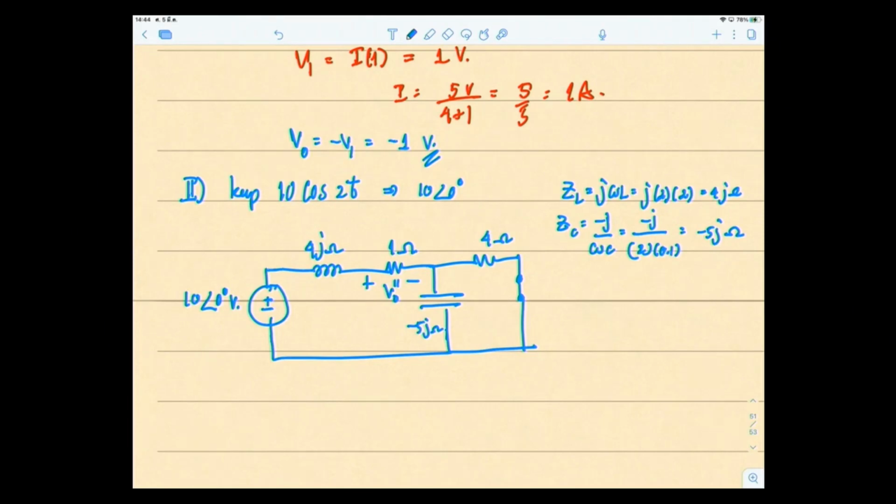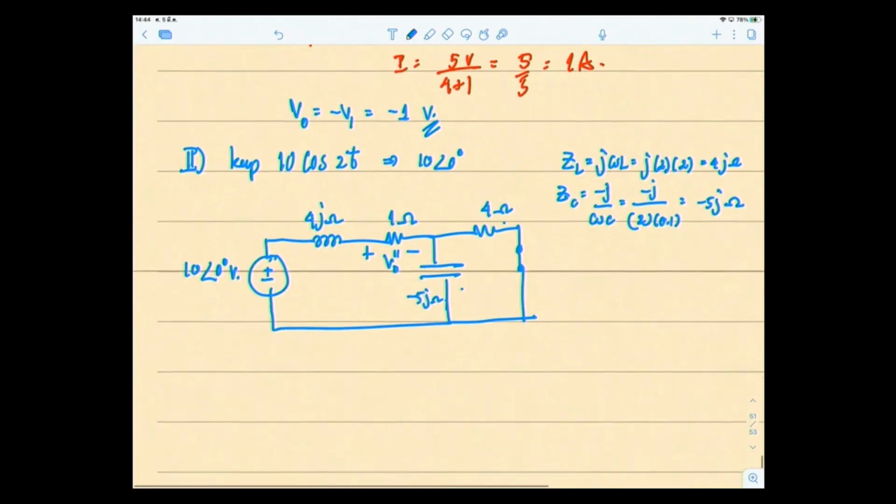So let's see, how would I do that? Well, V out double prime is here that I want to find. I can see that this 4 ohm is parallel to minus 5j. If I combine them together, it still doesn't affect my V out double prime.